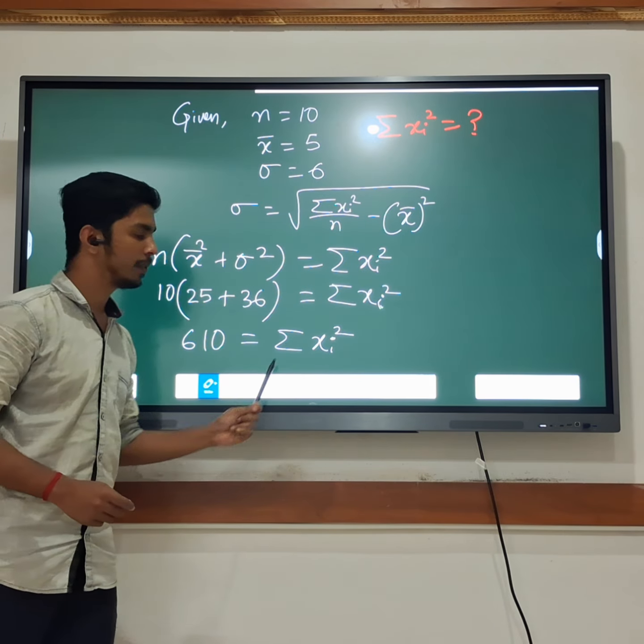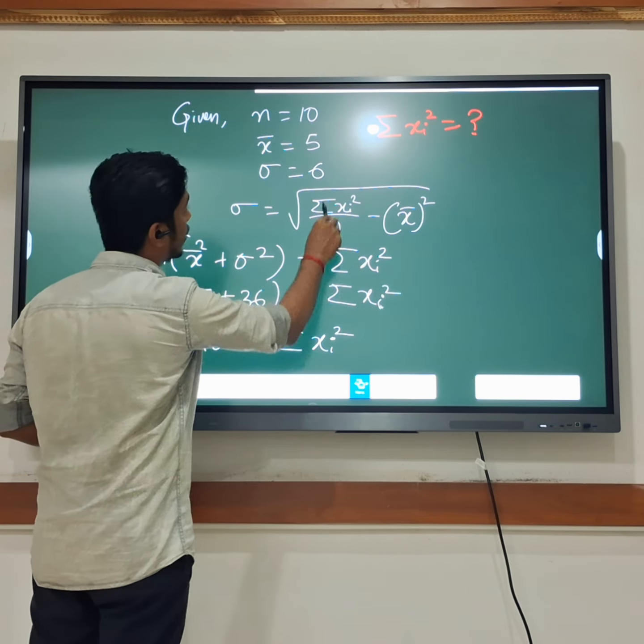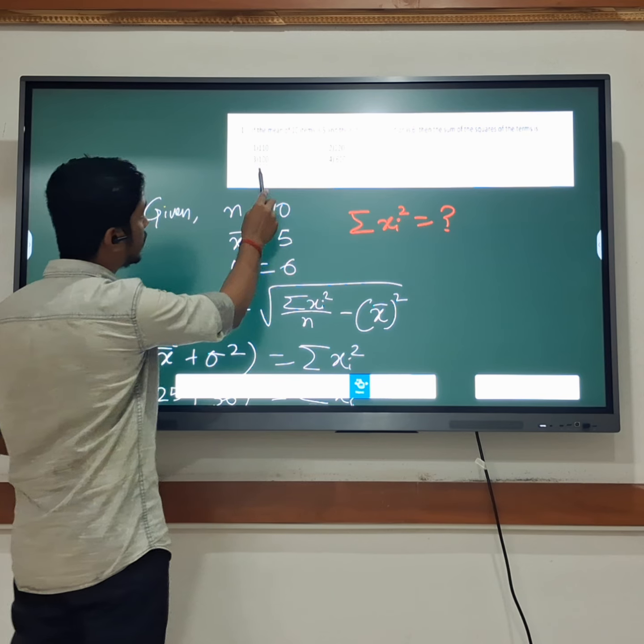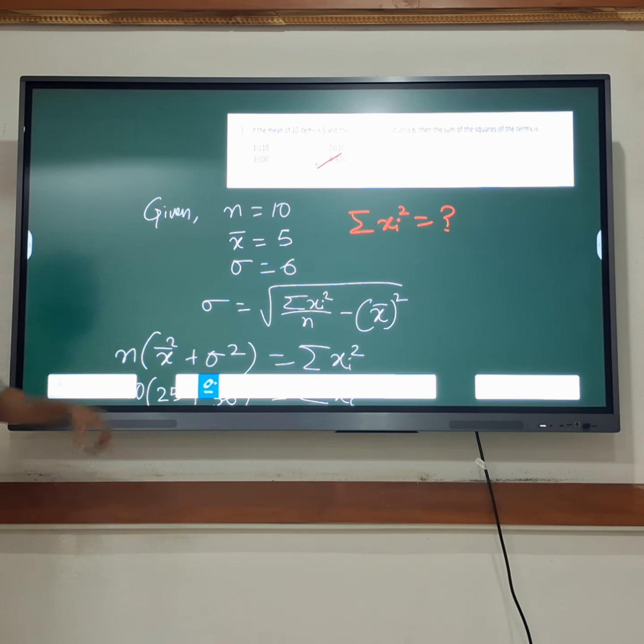We got the sum of the squares of the observations as 610. See, in the options, 610. The answer is 610. Got it?